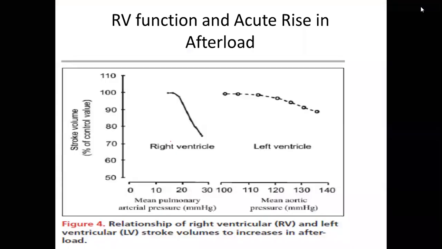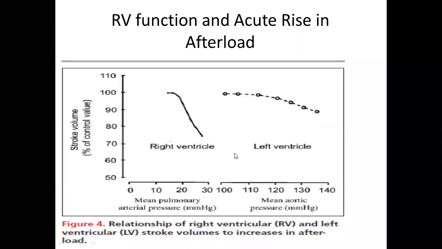When you see the difference in the response to change in the afterload between LV and RV, as you can see, this is mean pressure change in the outflow of these ventricles, and this is stroke volume. The stroke volume rapidly drops with a slight change in the afterload in the right ventricle. So this shows very little adaptation to pressure change in the RV.